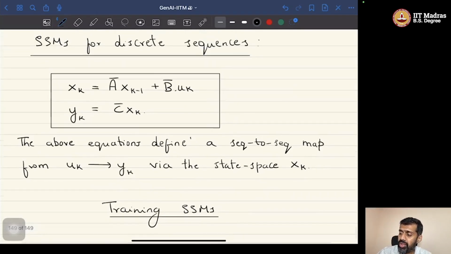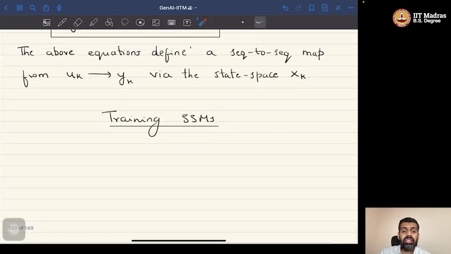Now, what can be observed here is that these equations define a recurrence between the previous states and the current state, and this recurrence is effectively used to come up with algorithms that are computationally efficient while training SSM. So let us look at that.